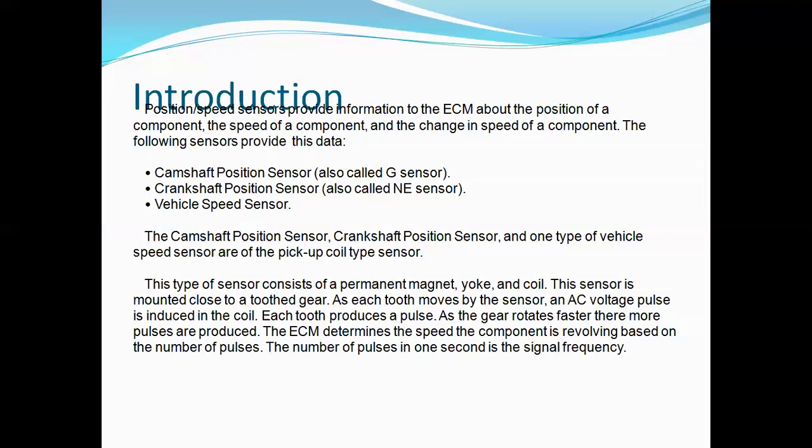Simultaneously, in the systemic device, the minute components have been manufactured, which is called a G sensor, placed at the camshaft position of the particular sensor, and even the crankshaft and the vehicle speed need to be measured.